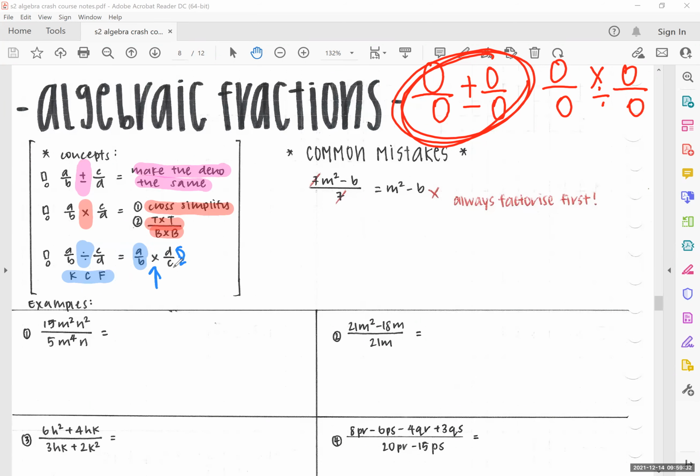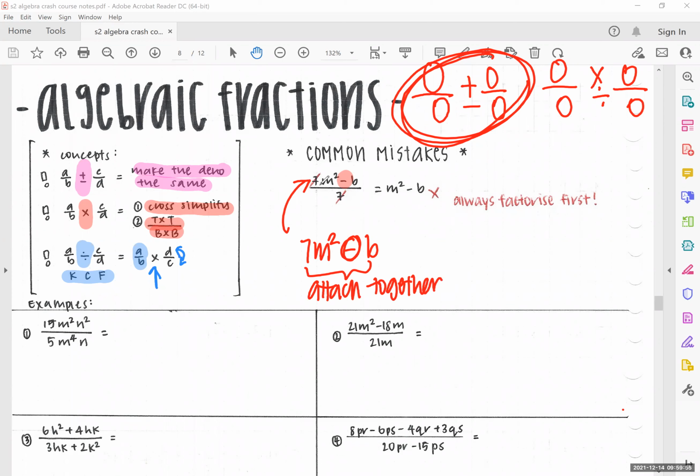Now another common mistake is that I want you all to take a highlighter and highlight this. Can you see this? This is actually 7m squared minus another term. These are being attached together, so we cannot cancel them out like that.